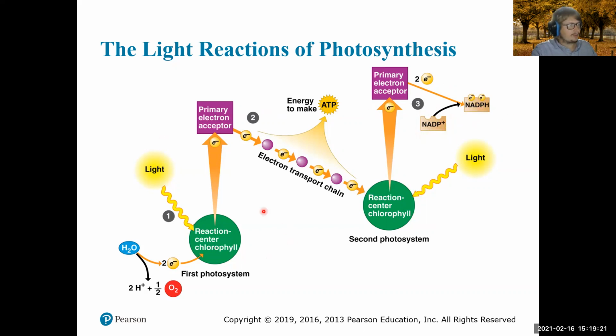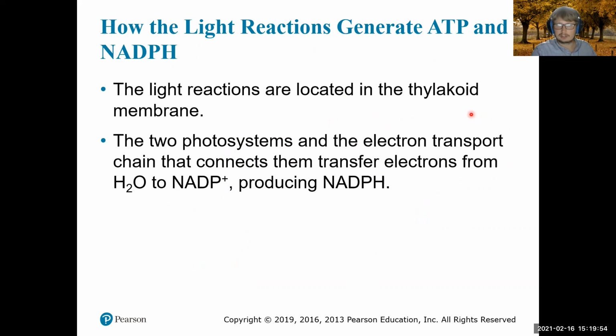So that first photosystem makes ATP with the energy from the electron in the transport chain, and the second photosystem makes NADPH from the energy in the electron after it's excited again. Now, the ATP and the NADPH molecules will then move on to the Calvin cycle, or the light independent reactions, to fix carbon into glucose. So to fix the carbon from carbon dioxide into glucose.